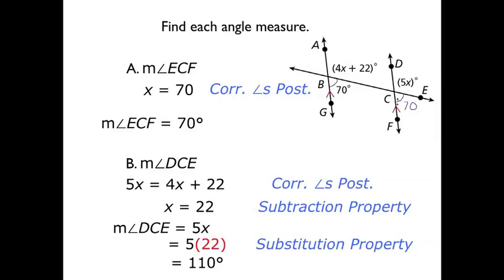So the two angles have to add up to 180 degrees. If this is 70, then this other angle, regardless of it having an x in it, has to be 110 degrees because they add up to 180, which was our answer down here. Okay. So a couple different ways that you could get that.